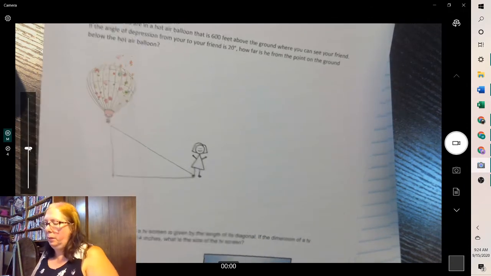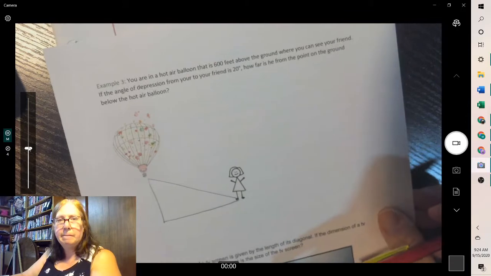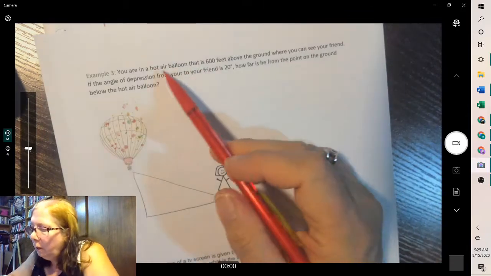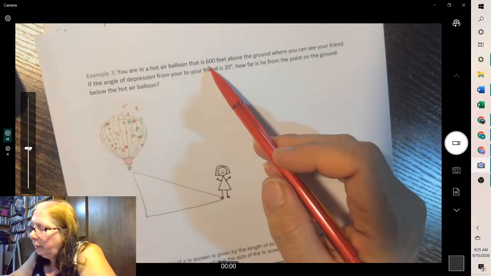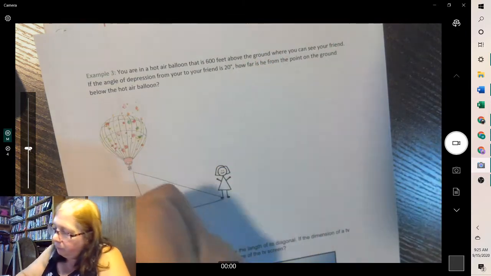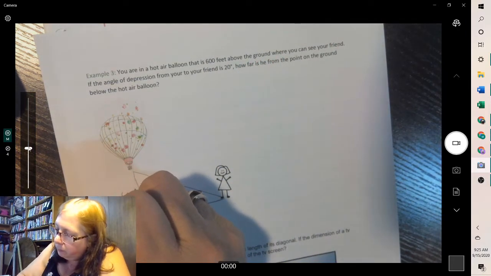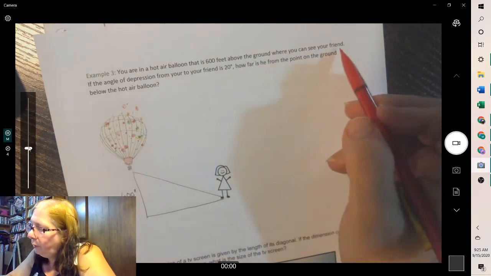Well, let's try another one. You are in a hot air balloon that is 600 feet above the ground, where you can see your friend.